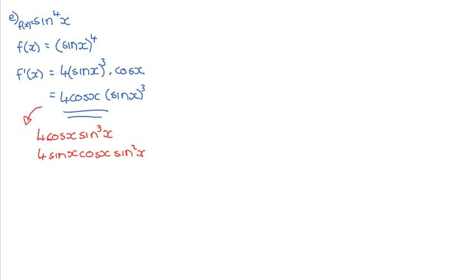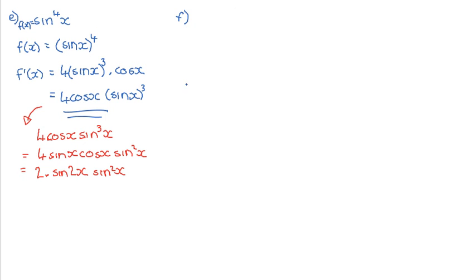This is just a wee bit of extension for later on when we do integration with trig and so on. Just nice to remember our trig identities. And then 4 sin x cos x is 2 times sine 2x, times sine squared x. So I've got a few different ways we could manipulate this if we wanted to, just so you can see it. But again, don't need to worry about the red bit right now, it's just a wee bit of interest.